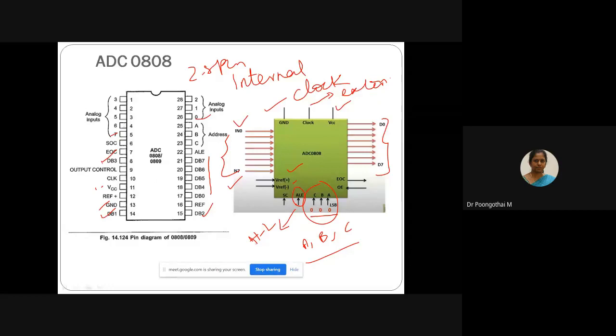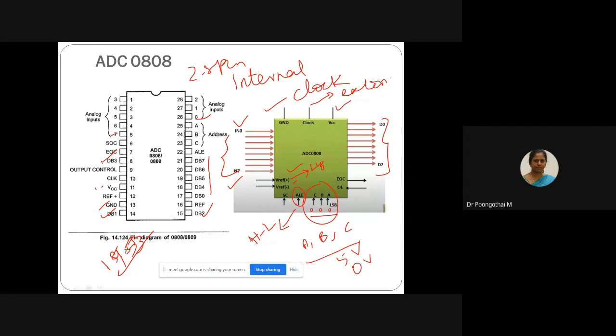V reference plus has the higher voltage value, and V reference minus has the lower voltage value. As I have already explained, if V reference plus is 5 volts and V reference minus is 0 volts, the step size is going to be 19.53 millivolts.